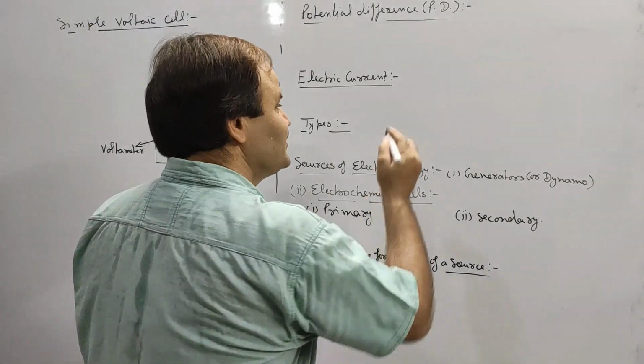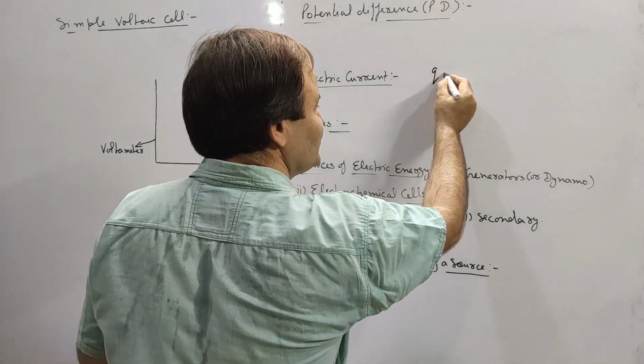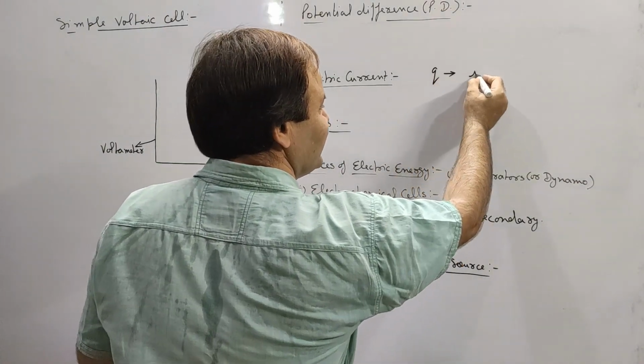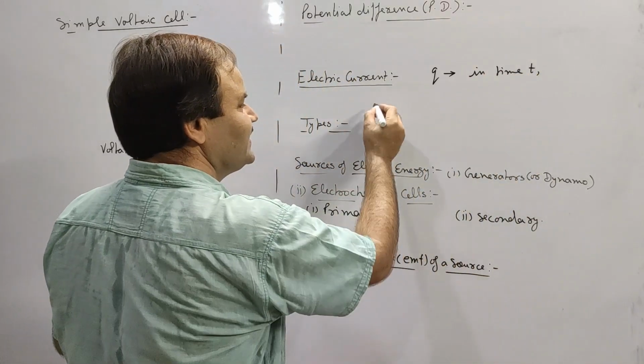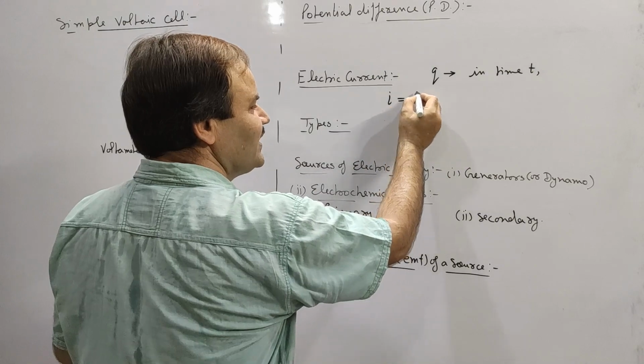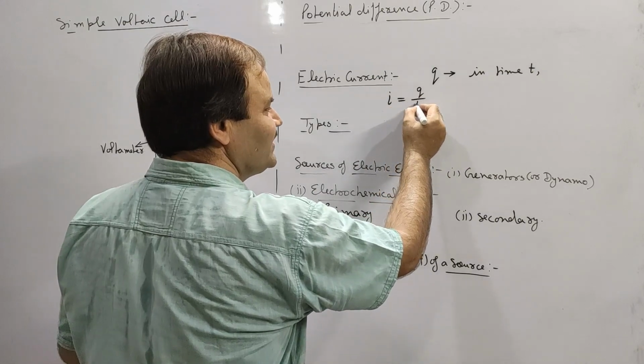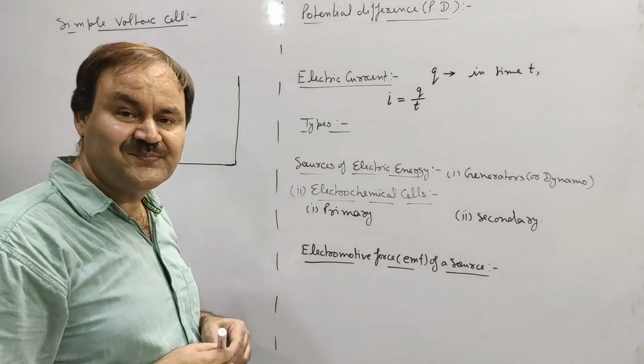So if charge Q flows through any section of conductor in time t, then the electric current passing through the conductor will be Q upon t.